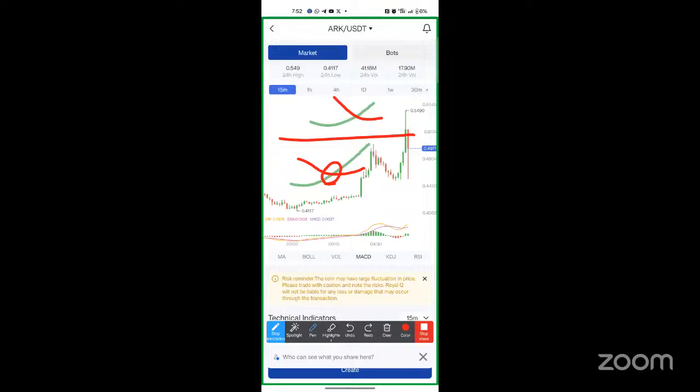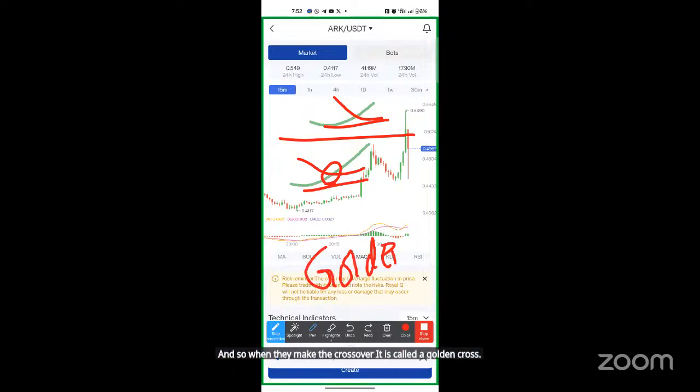As simple as that. When they make the crossover, it is called a golden cross. And usually, in most cases, the market does well.